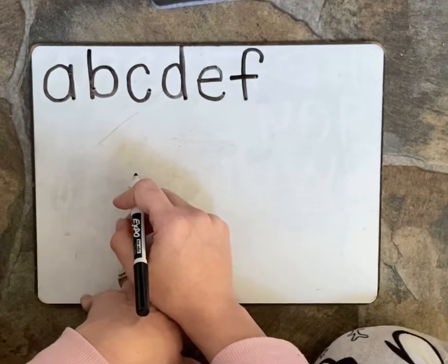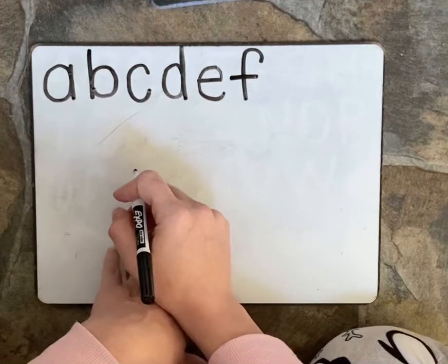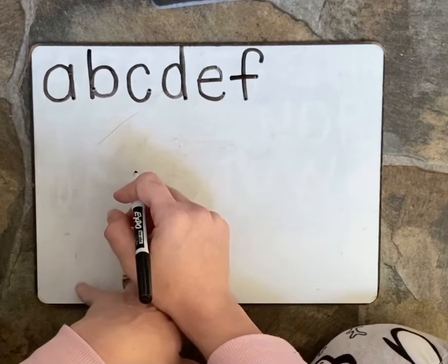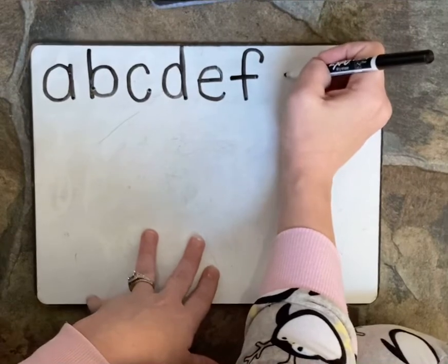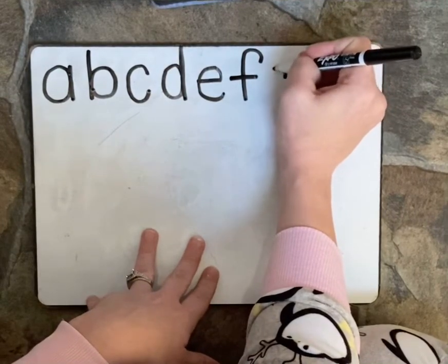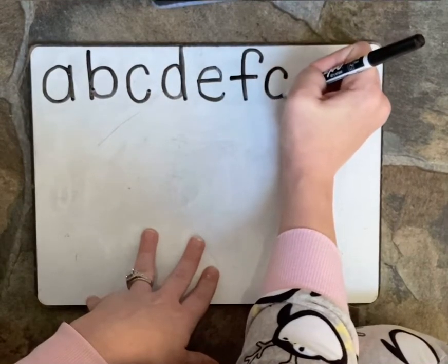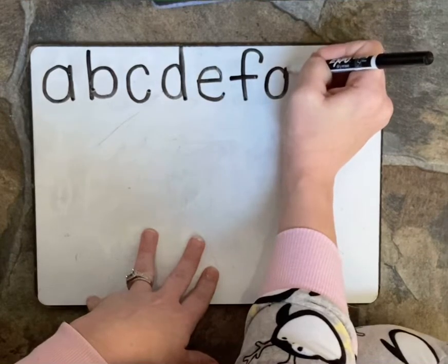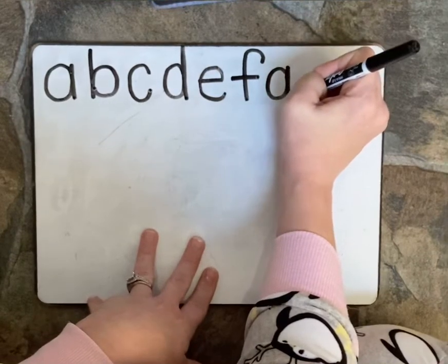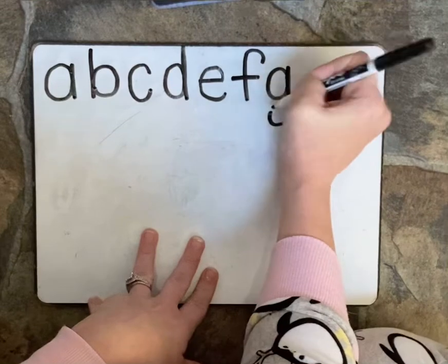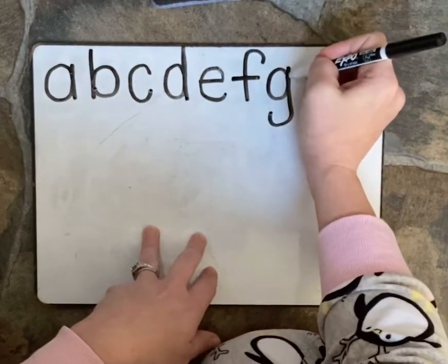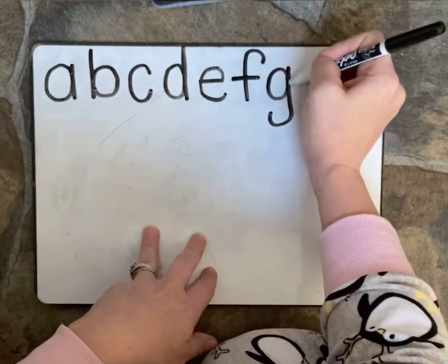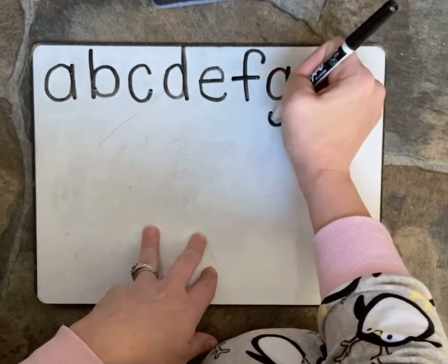All right, our next letter is the letter G. Now, the letter G is also an over around letter, so that means we're going to start like a C, aren't we? So you're going to go over, around, then you're going to come back up and go down and curve. Did you get that? Let me show you again. You're going to start like a C, go over, around, up, down, curve.